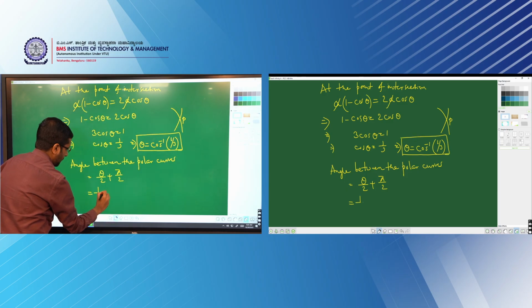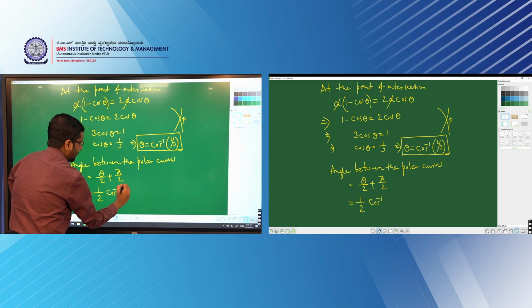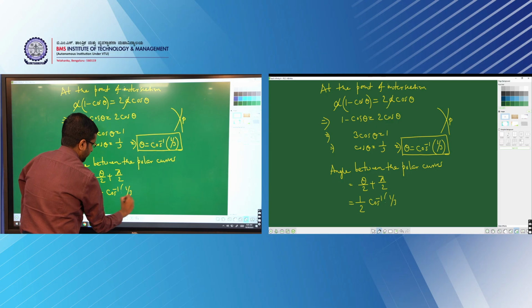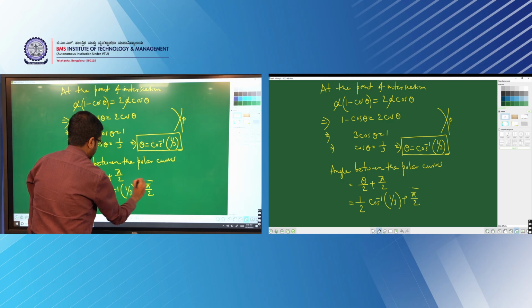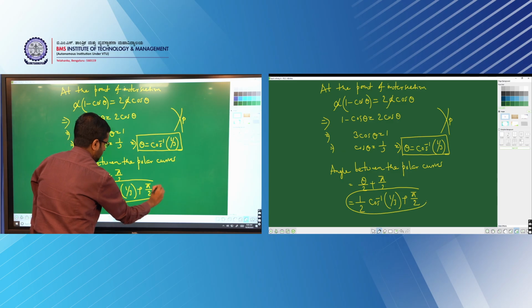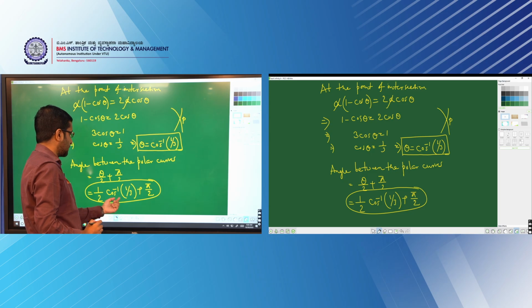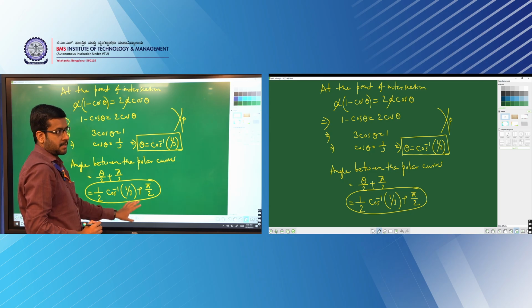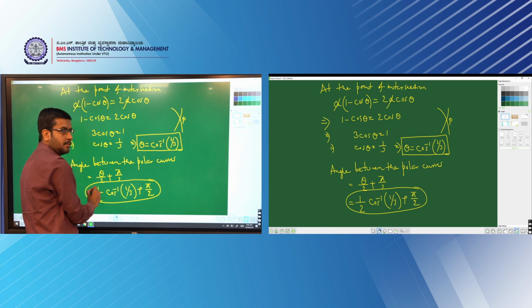So this will be equal to half, then cos inverse 1 by 3 plus pi by 2. So this will give you the final value of this angle. Okay. So here you see this is a constant number. If you can find it in the calculator, you can find it also. So the final answer must be a constant. We should not keep this type of form, theta form, we should not keep.